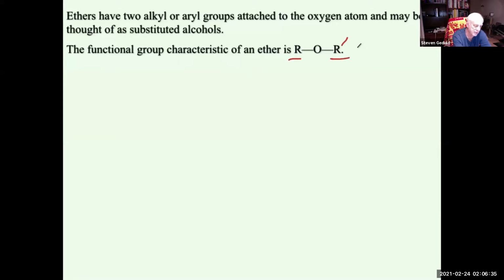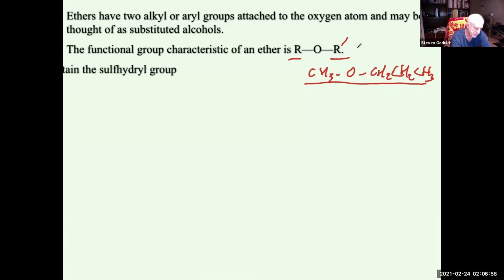It could be CH3, O, CH2, CH2, CH3. That's an ether. There's two R groups attached to the oxygen. Both hydrogens of water have been substituted with alkyl groups. It can be a phenol group or it can be a regular alkyl group.